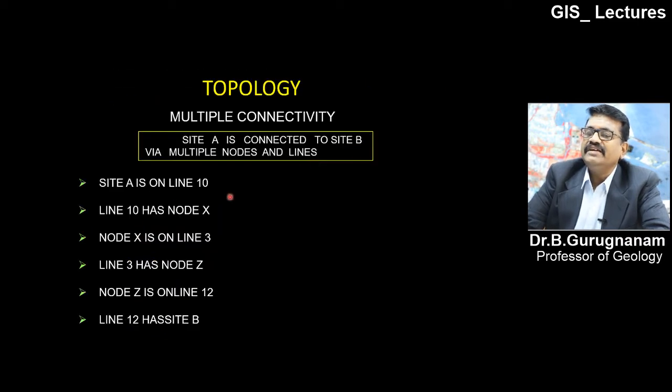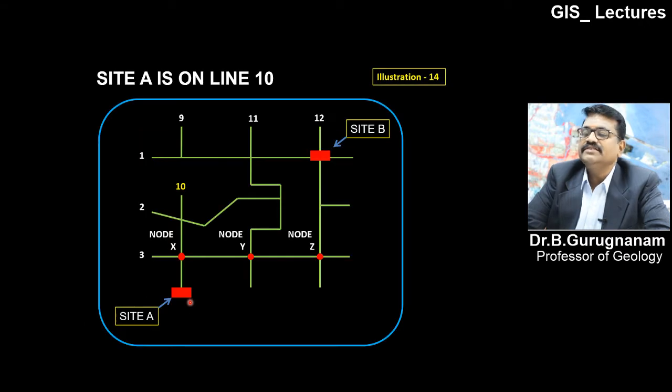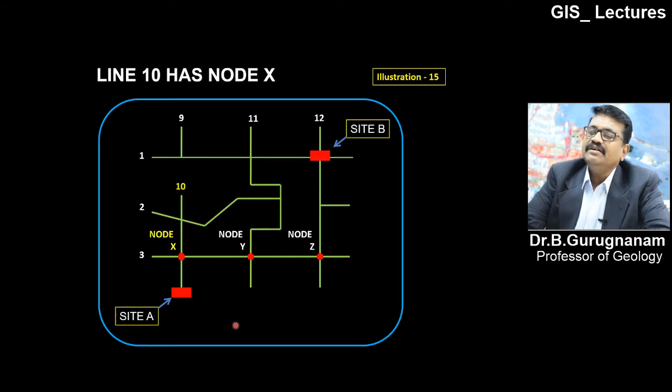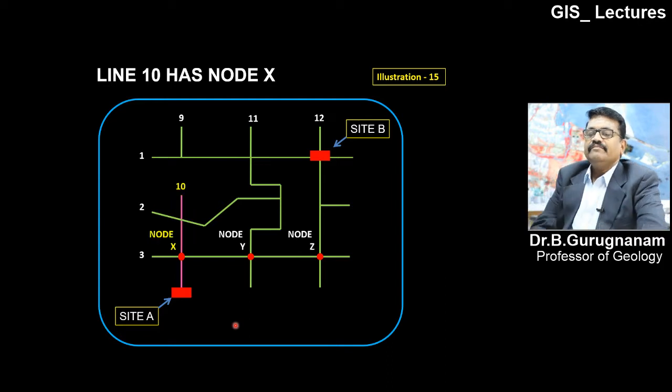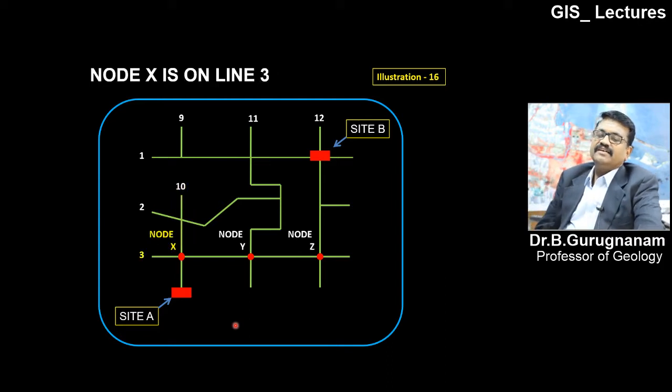Site A is on line 10, line 10 has node X, node X is on line 3. That is another point.